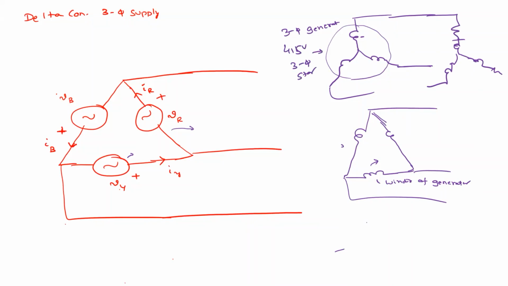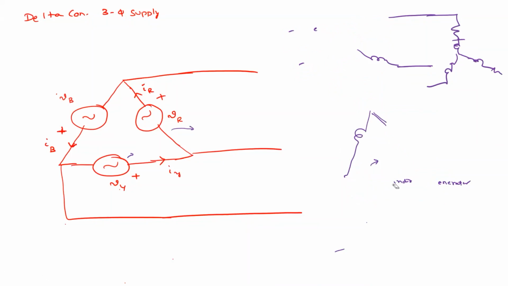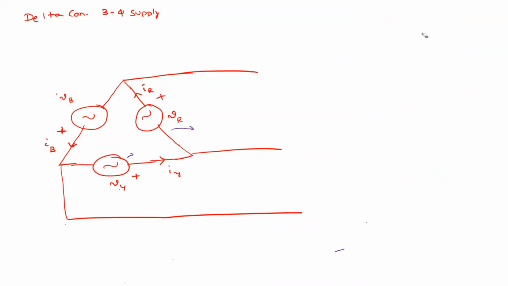Your question is valid: how to differentiate whether it is a source or a load? They will mention it like this: 415 volts, three phase, star connected source. On the other side, you have the generator. Understood? So instead of showing this as a voltage source, sometimes they will show the windings, that is, the windings of the generator.